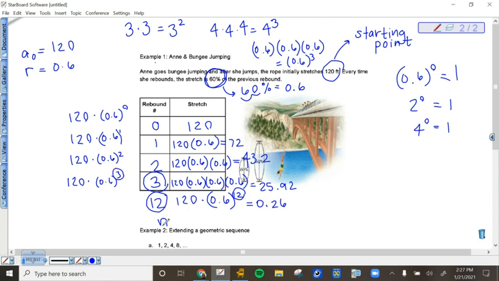So if I said I wanted to find the nth term, all I'd have to do is write 120 times 0.6 to the n. So now if I said, what about the 50th rebound or the 7th or whatever, we just plug that number in for n.